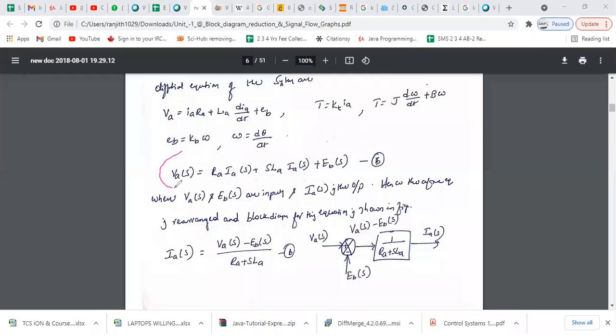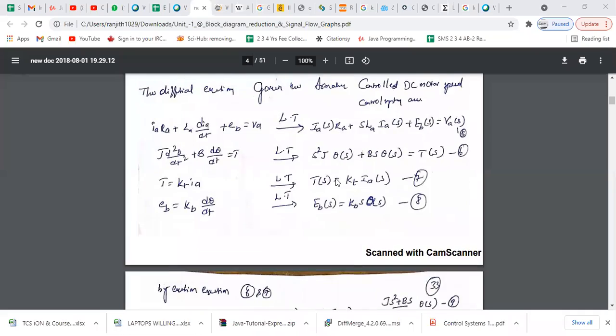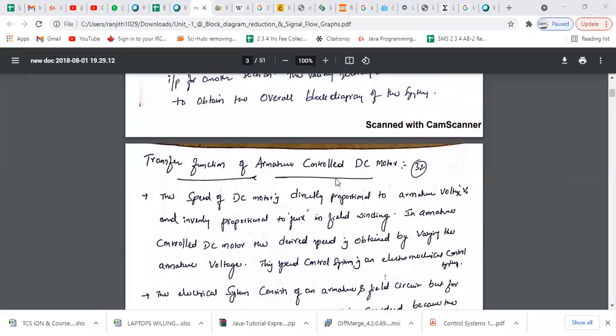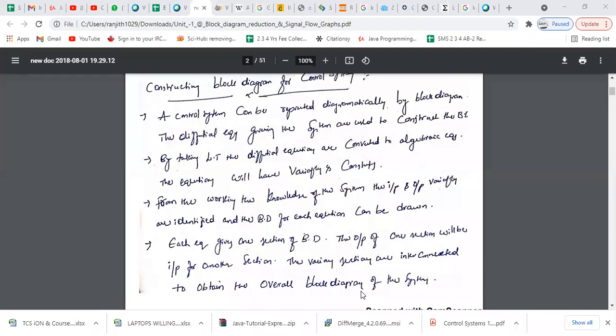In this section, what is the input? From the working knowledge of the system, we have to identify what are the input variables and what are the output variables, right?